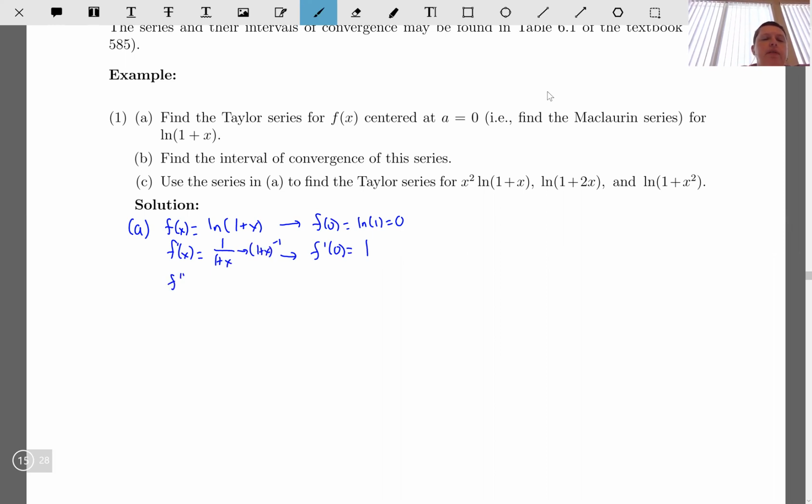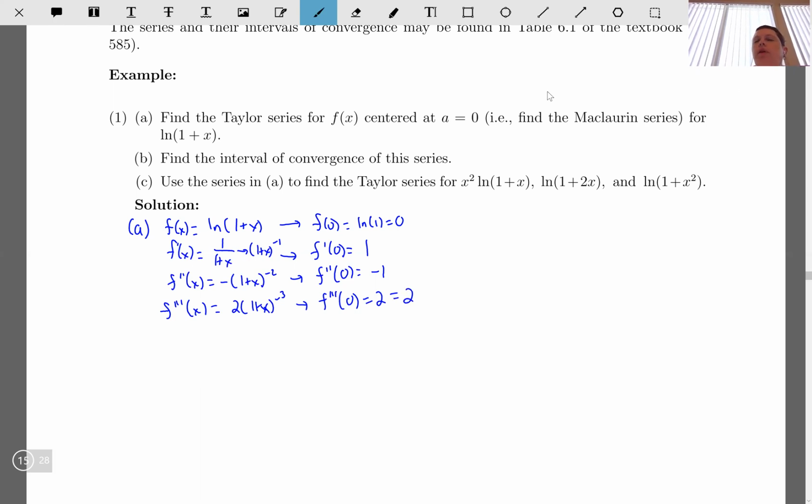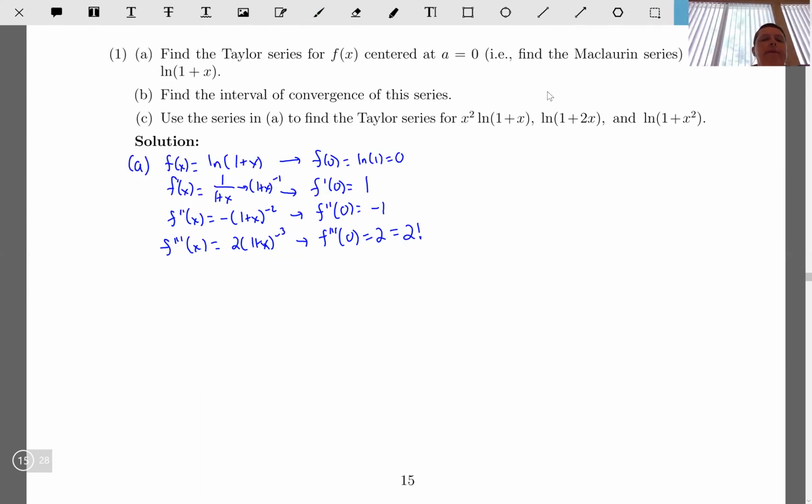So the second derivative is going to be negative 1 plus x to the negative 2. So f double prime of 0 is going to be negative 1. The third derivative is going to be 2 times 1 plus x to the negative 3. So the third derivative at 0 is equal to 2, which we can also write as 2 factorial, because 2 is 2 times 1.